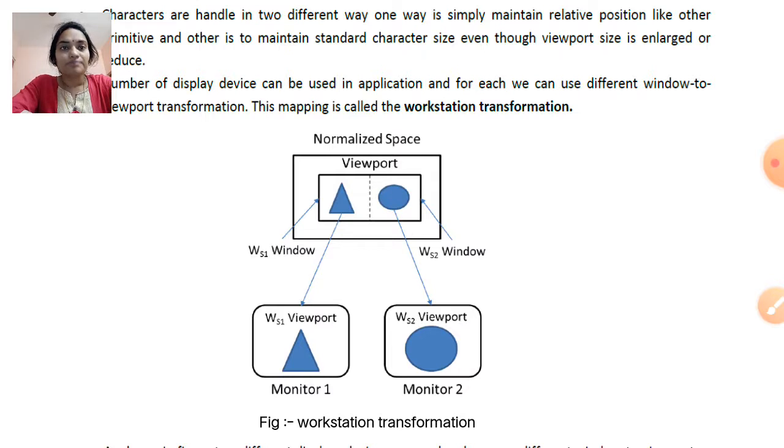Here two objects are there. When the viewport is clipped out and displayed on a different monitor, the first is your window S1 viewport and the second is your window S2 viewport. That means from one normalized space we can view the object on different monitors, devices or workstations.